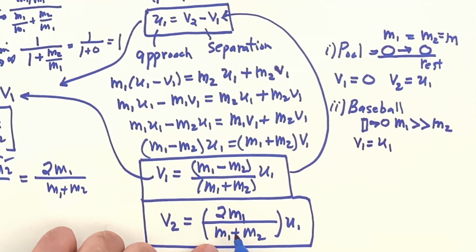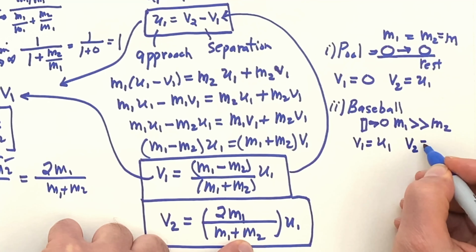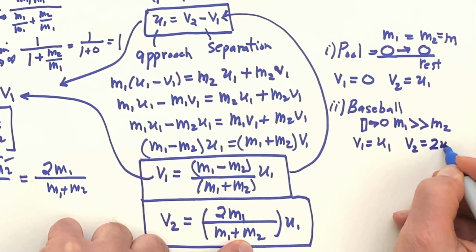Here, since you can neglect the mass of the ball compared to the mass of the bat, you have 2M1 over M1, which is 2. So in other words, the ball will go off at twice the velocity of the bat.